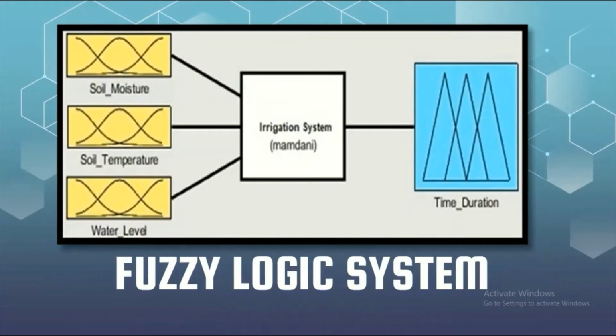To construct a fuzzy control system, it is crucial to define the three inputs that help the generation of fuzzy rules for determining the time of irrigation. The first input is the soil moisture, followed by the soil temperature and the water level.